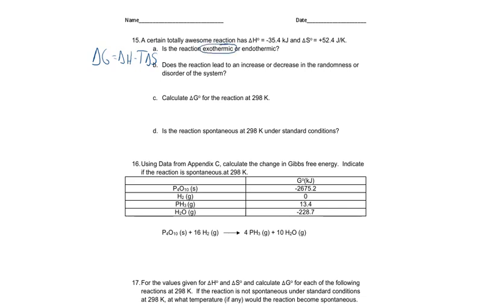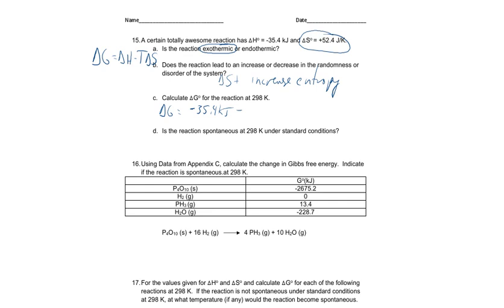Does the reaction lead to an increase or decrease in the randomness or disorder of the system? Delta S is positive, so that's an increase in entropy or randomness. Calculate delta G. Delta G equals delta H, and really the only trick here, 35.4 kilojoules minus T. What's the temperature?